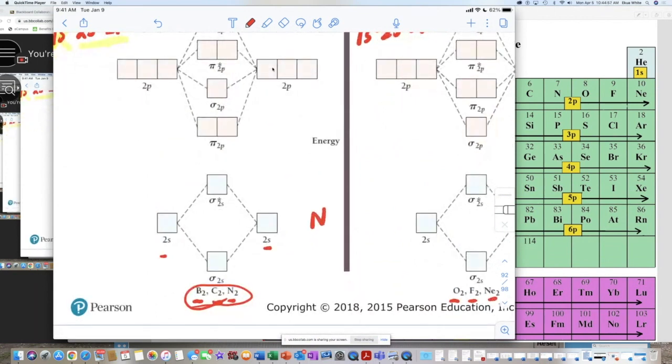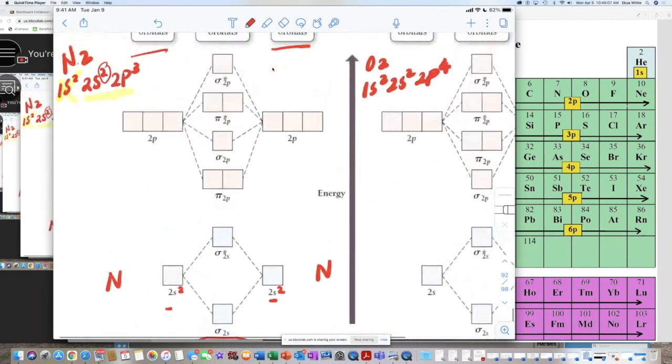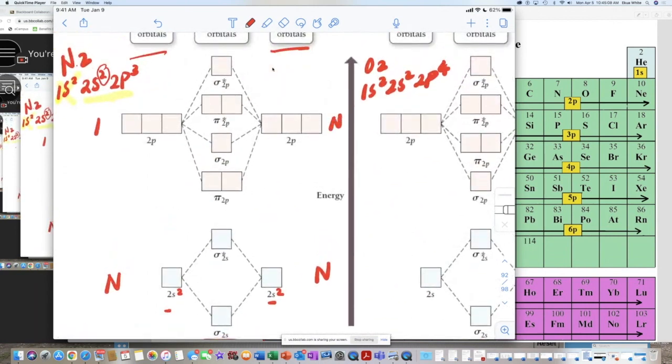So I have my nitrogen on the left with 2 electrons here, my nitrogen on the right with 2 electrons here, because it says so. And then each nitrogen has 3 electrons in the 2p level. They don't write that, but I liked writing it that way because it helped me tie configurations to this chapter and helped me know what I was doing. So 2s2, 2s2, 2p3, 2p3.